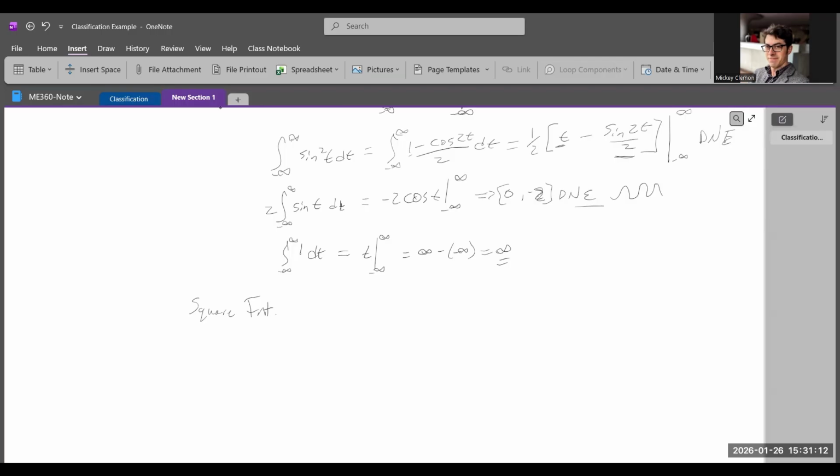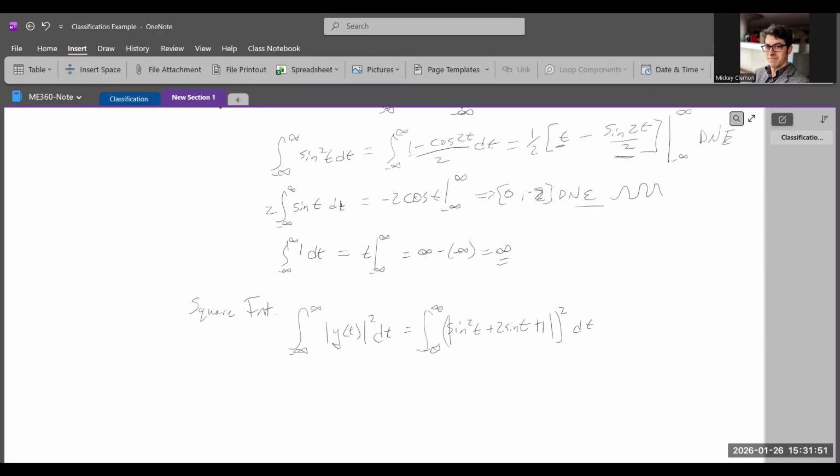Okay, so square integral, we've got minus infinity to infinity, absolute value of y t squared dt. And so we've got our base equation of sine squared t plus 2 sine t plus 1, and this whole quantity squared dt.